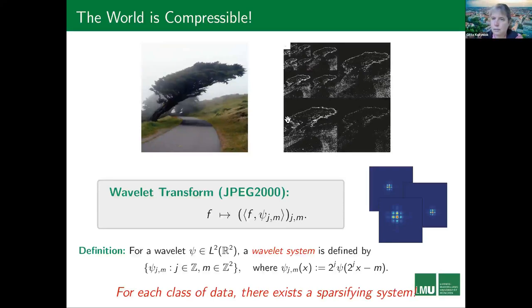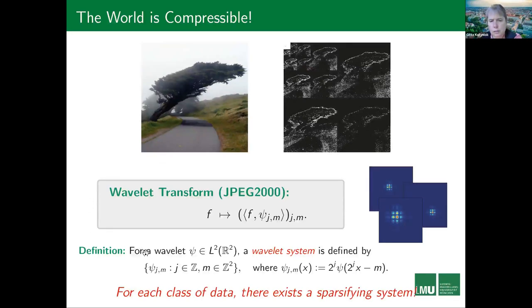The JPEG 2000 compression standard is based on this, because all these areas which are black you can just take out and store only the ones which are white, and then reconstruct and still get a very good reconstruction. Remember, we also compared the explainability method to compression with, for instance, a wavelet system.